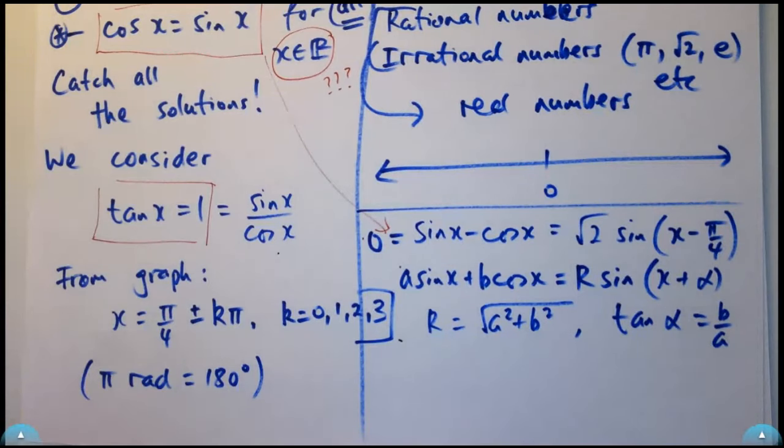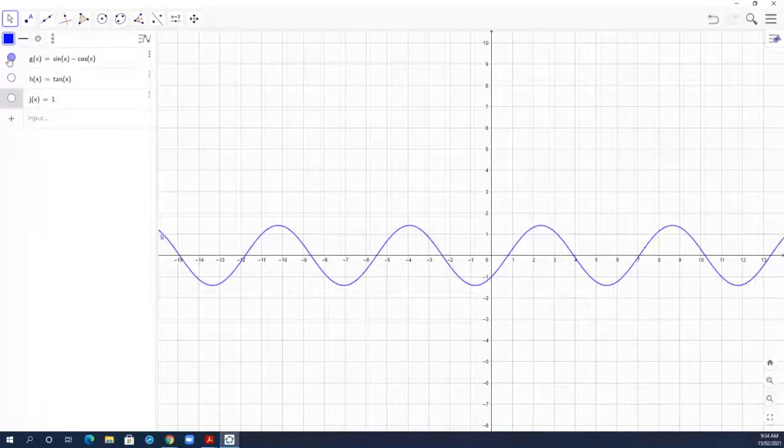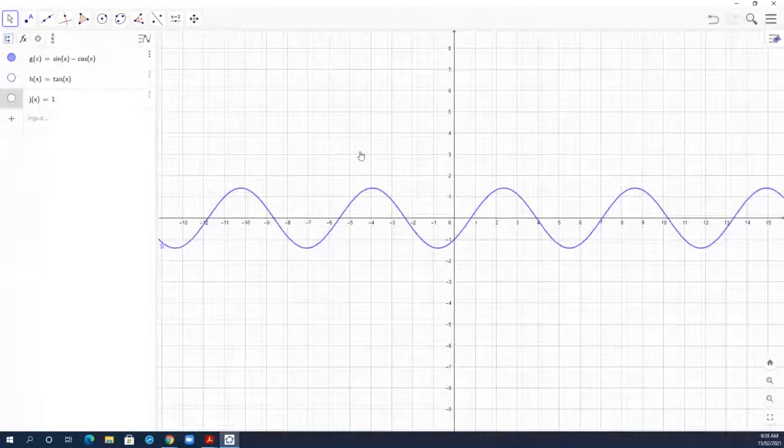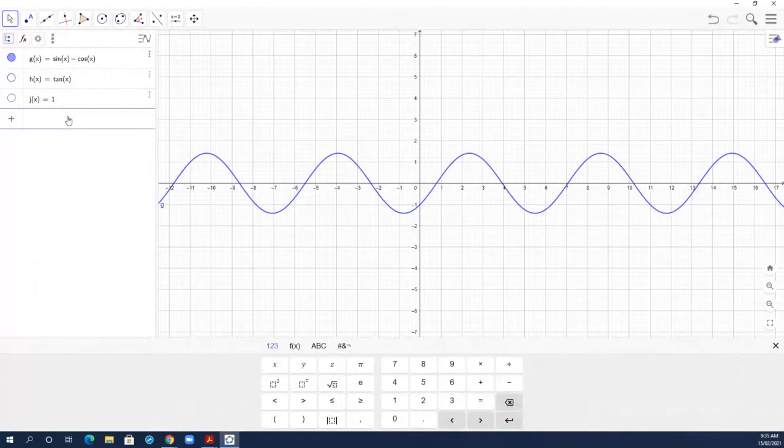Let me show you another graph. Okay, apologies to the Desmos crew. We're back on GeoGebra. There's sine x minus cos x. And you can see there's an infinite number of places where it cuts the horizontal axis.